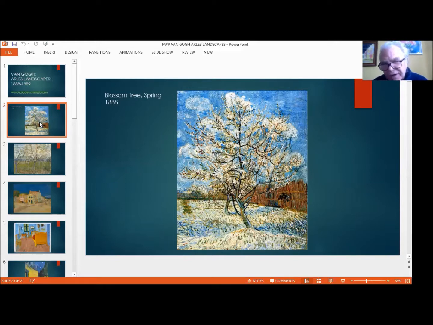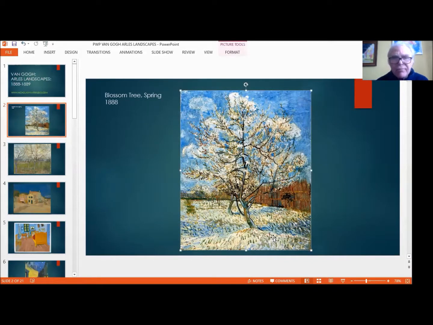The painting would have been painted on a white ground, and it's the individual strokes you can see in the blossom, even in the sky, individual strokes of different types of blue in the sky, the fence, different violets, oranges, ochre colours, and then in the ground, whites, greens, off-whites, lilacs. That's what's happening in his early paintings in Arles.